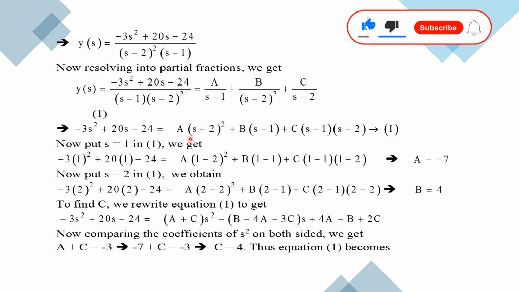From the left side you can see the coefficient of s square: a, here is no s square, and from here you can see s multiplied by s, so the coefficient is c. A is equal to minus 7, apply in this equation, so minus 7 plus c is minus 3, c is equal to 4. So we have the a, b, c values; put them in this equation.